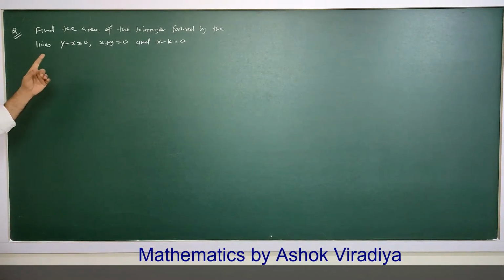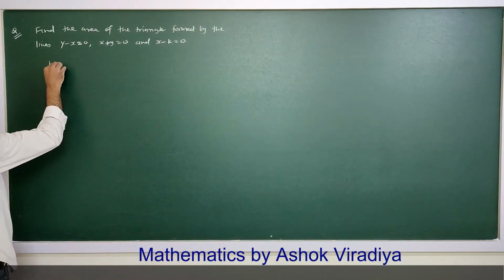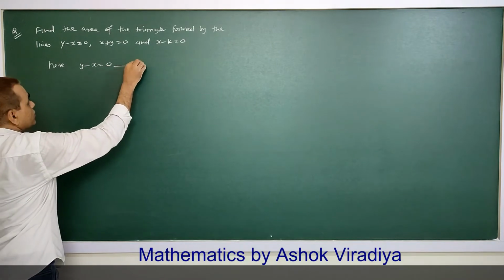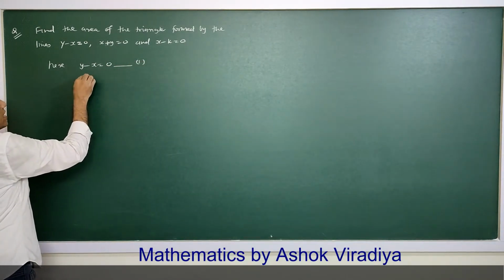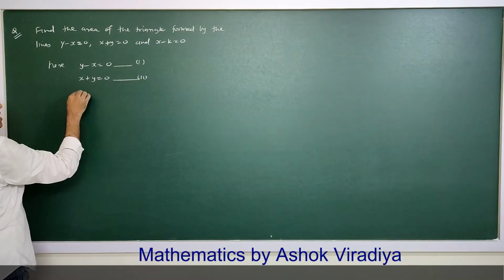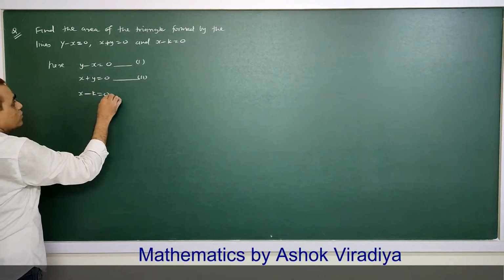Find the area of the triangle formed by the lines y minus x equal to 0, x plus y equal to 0 and x minus k equal to 0. Here 3 lines are given: y minus x equal to 0, x plus y equal to 0 and x minus k equal to 0.